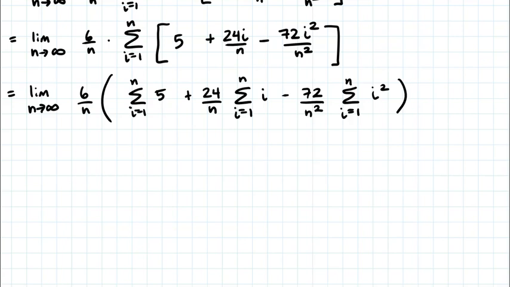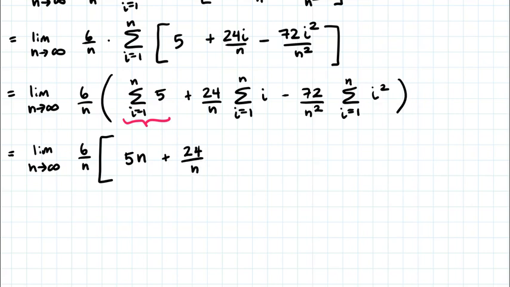Okay, so now at this point, we can do some more simplification. So let's start off with this summation here. Because we are summing a constant, that is going to turn into 5n. And then I'm going to copy down my 24 over n.